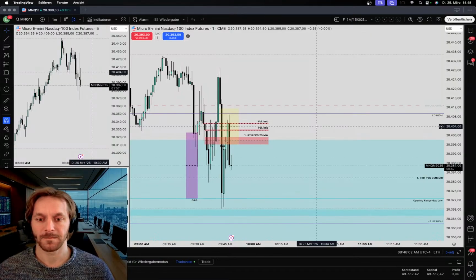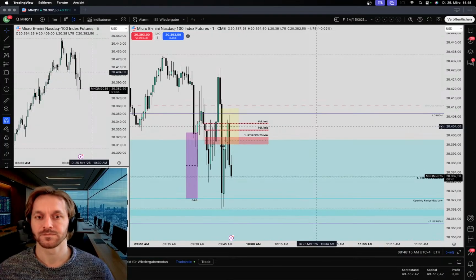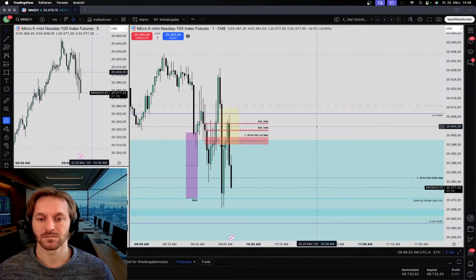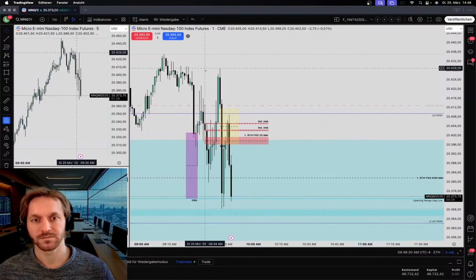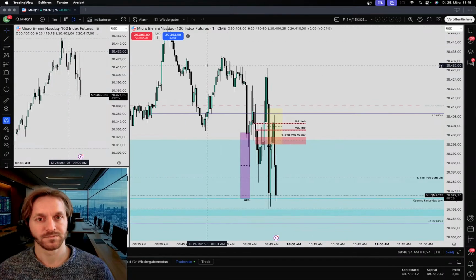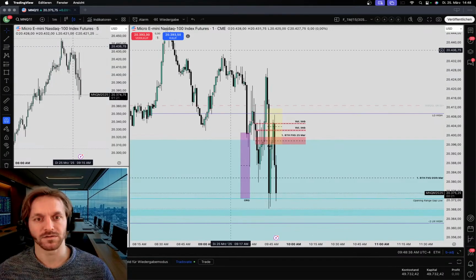Let's see what price wants to do here. We do go lower, which is good, even more due to the fact that we have this nice buy side here.